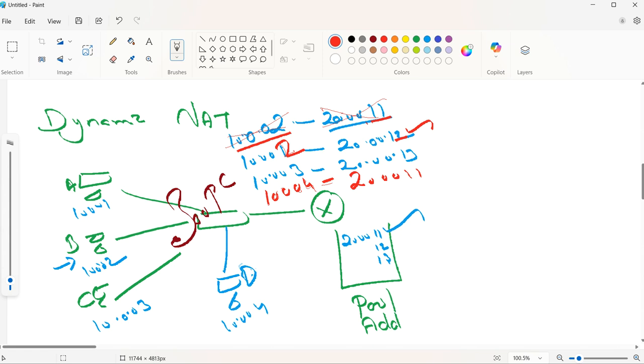That's the drawback of dynamic NAT. Dynamic NAT has two drawbacks. One, it is unidirectional, compared to static NAT.